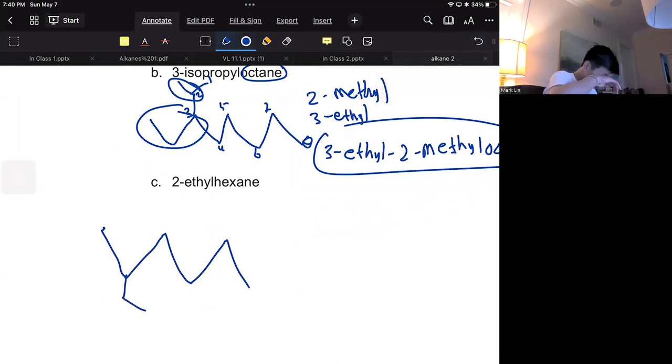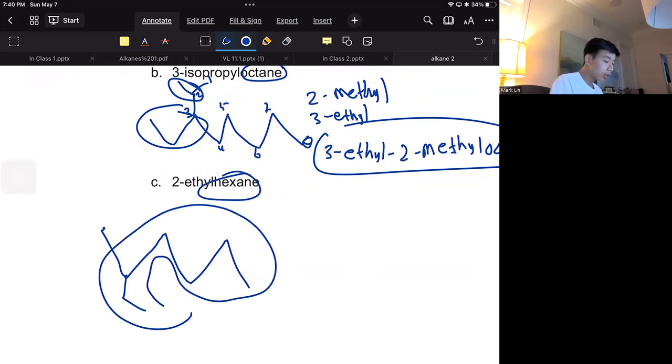The reason why this is wrong is because this is hexane, right? And it should actually be heptane because this is our main strand.